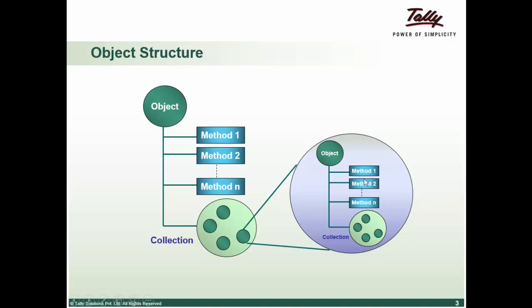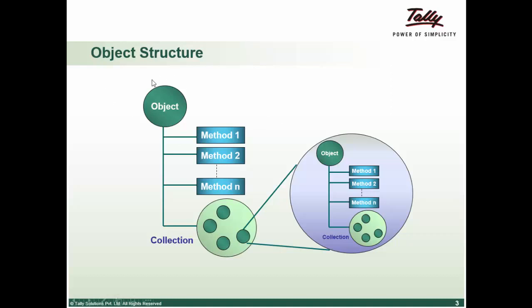Each object further contains methods and may also contain a collection. A collection is again a group of objects. Further, this object can contain more methods, and this hierarchy will go down to the level where an object will only have methods.